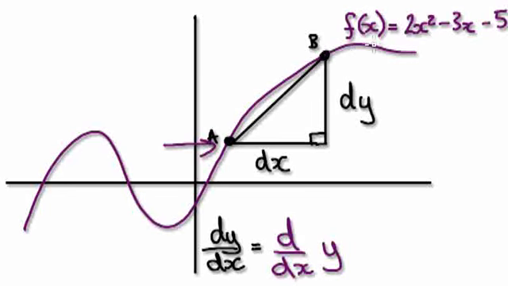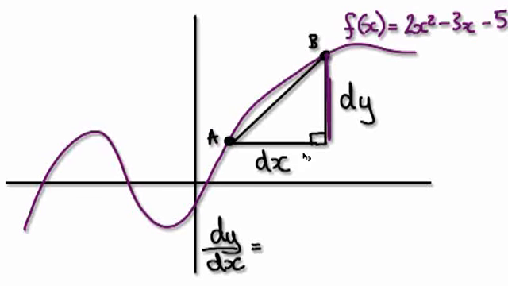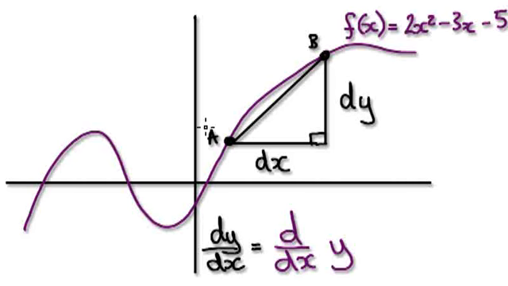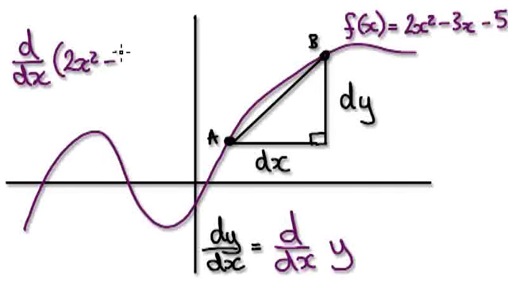Normally you would get this. What my point is, bear with me. Sometimes it can be written like this, meaning that if you want to express the gradient, you can write d over dx and then write the function in here, 2x squared minus 3x minus 5.